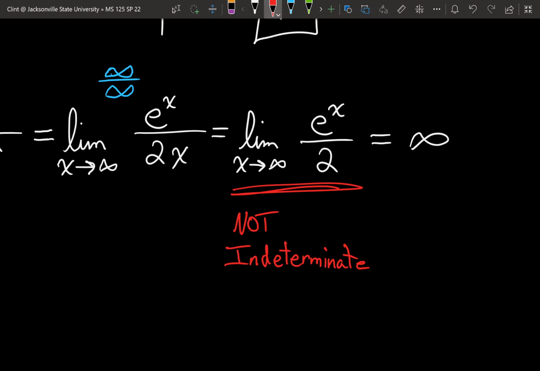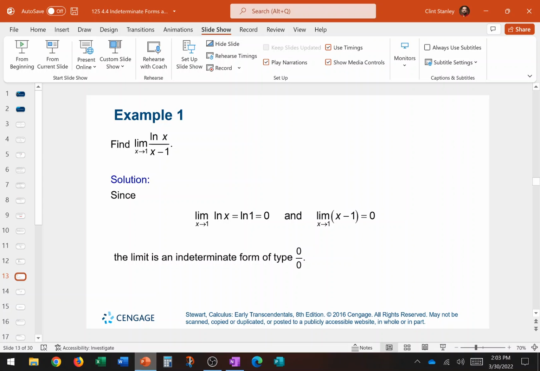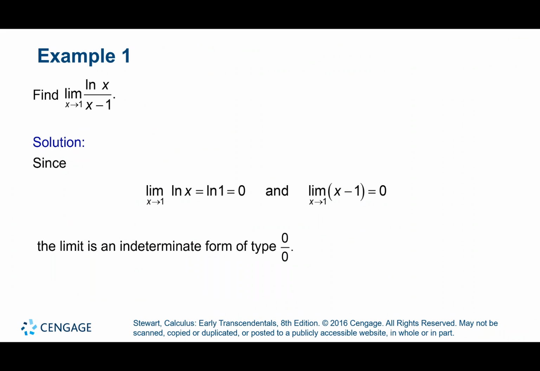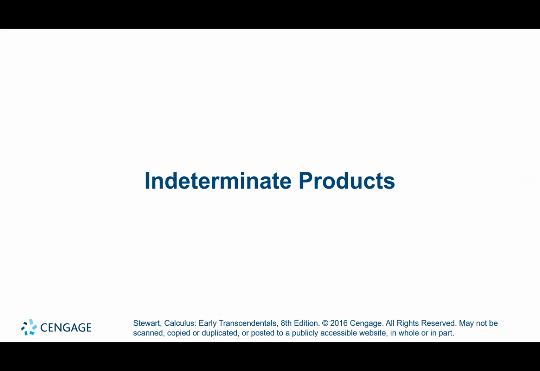All right. So there are a few examples there. That's not the limitation of L'Hopital's rule, because there are other indeterminate situations we can find ourselves in. The ones where L'Hopital's rule directly applies are your 0 over 0 and infinity over infinity.